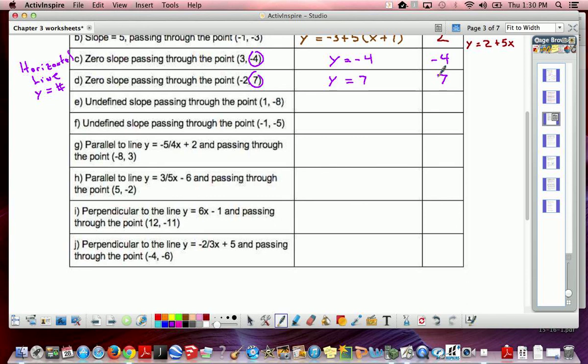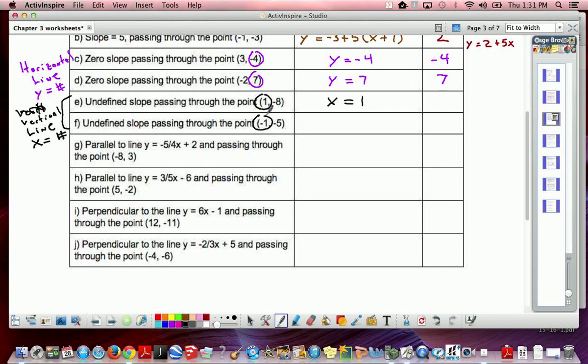Now, on the next ones, E and F, it says undefined slope, that is a vertical line. Anytime you have a vertical line, it's x equals a number. So to do this one, you're simply going to say x equals whatever the x coordinate is, 1.